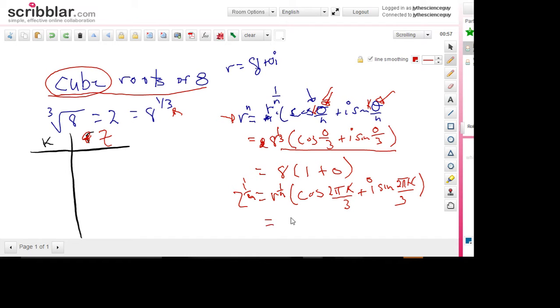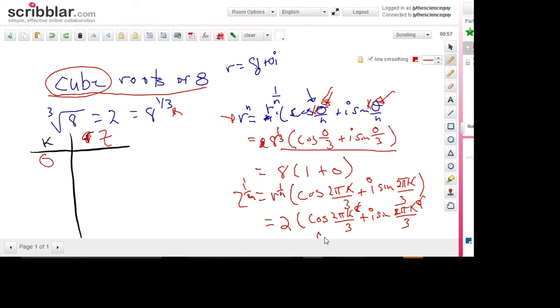So here's my equation. I have 2 times the cosine of 2 pi k over 3 plus I sine of 2 pi k over 3. And I'm just going to change the value for k. When k is equal to 0, if I stick 0 in where these k's are, what is the cosine equal to if you stick in 0 there? 0.